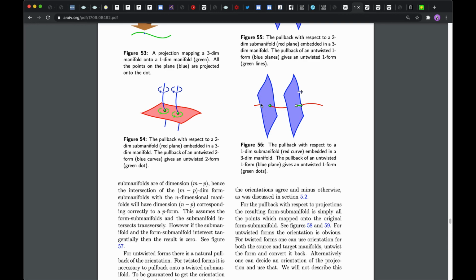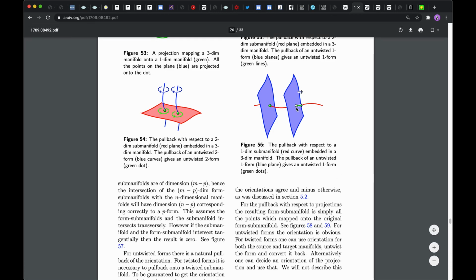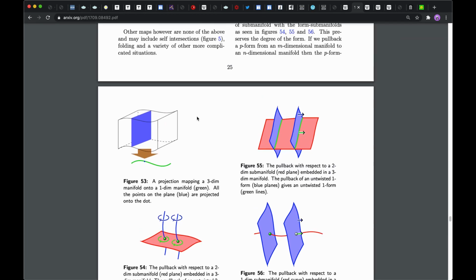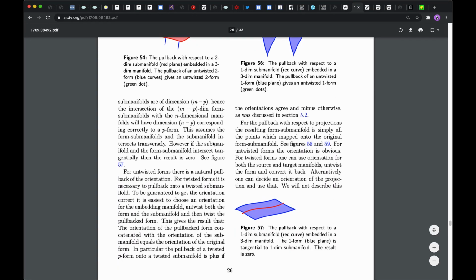We have a one-form, which is blue here with that blue arrow, and we intersect that line and obtain our green dots here, and those green dots on the line will give us the untwisted one-form on the line, and the orientation is the same as the orientation of the parent form. So basically in the case of the embedding, we just have the intersection pattern going on here.